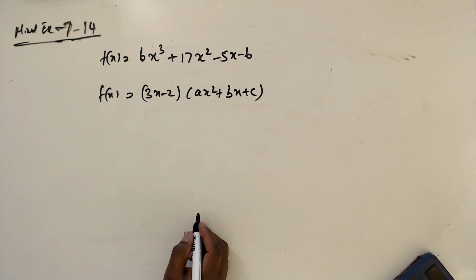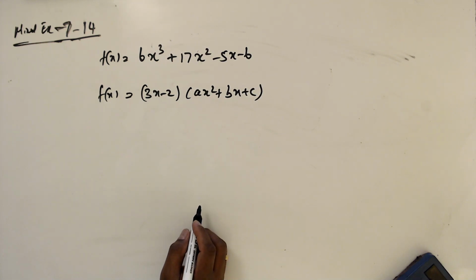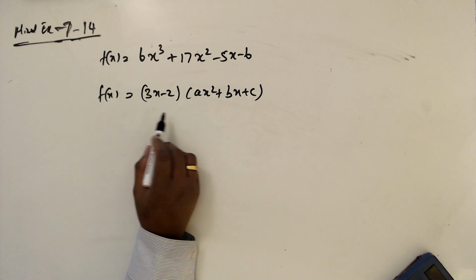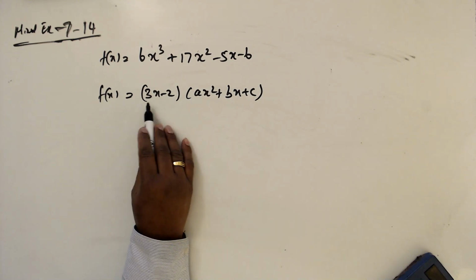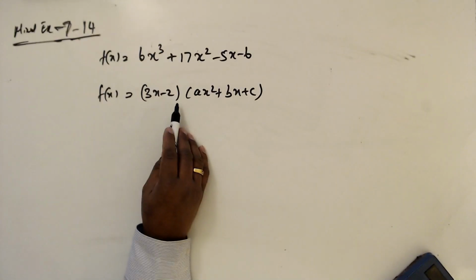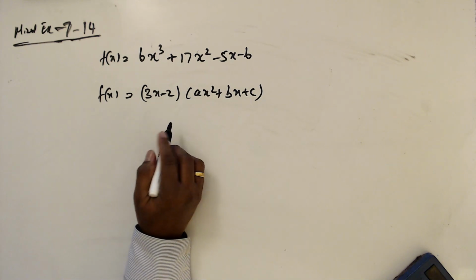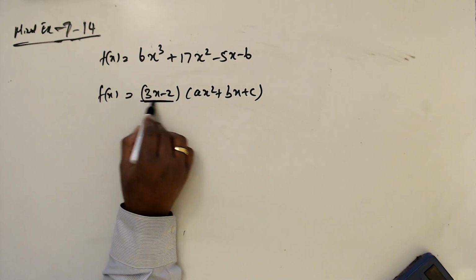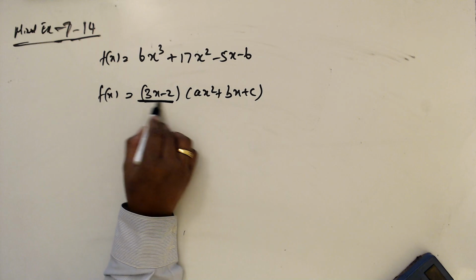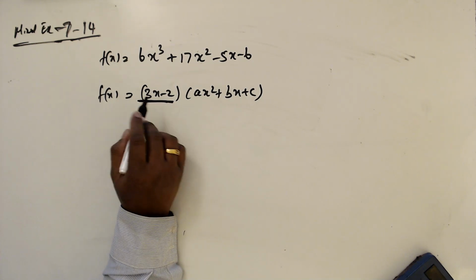Now, question number 14. Show that f(x) equals this form. Here, we want to show that 3x minus 2 is a factor. So that is the main task we have to do.